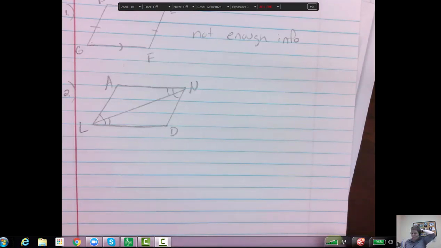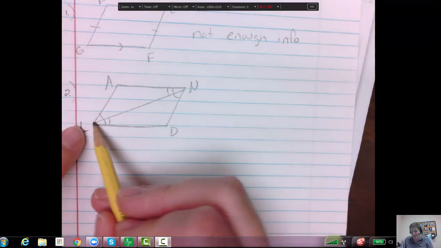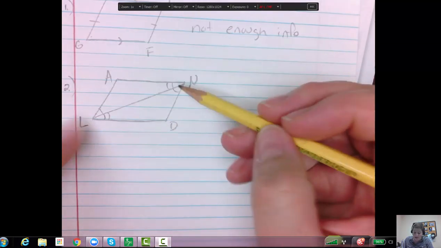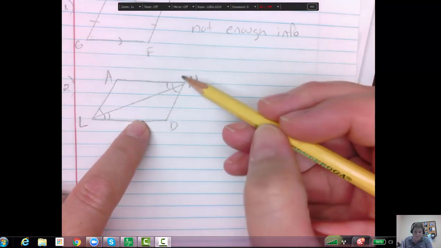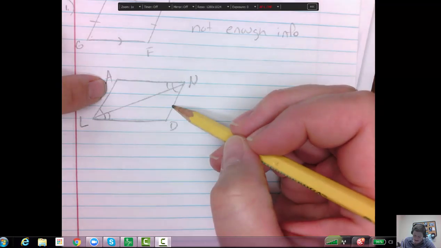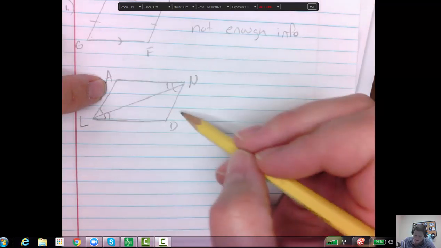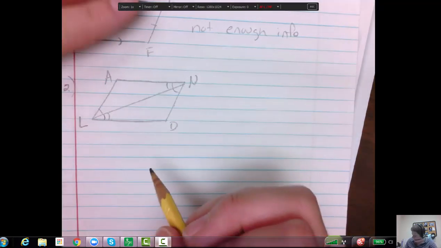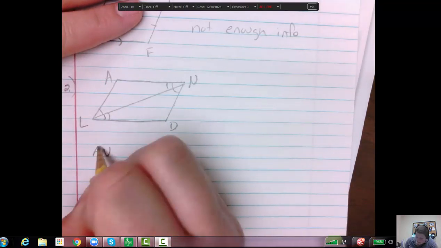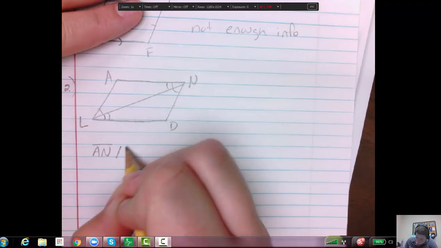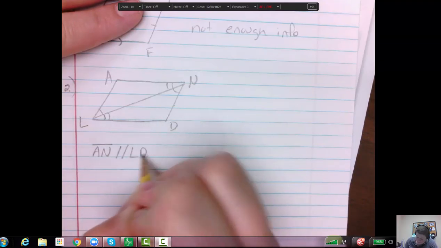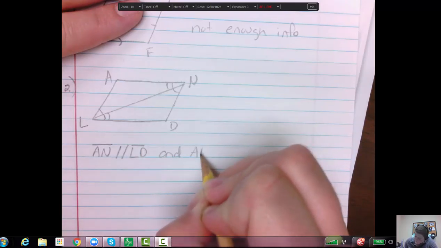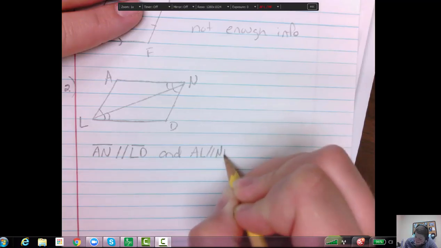What we want to notice is this is like a transversal right here. If this side is congruent to this side, then we know these two are parallel. And think of it going this way: if alternate interior angles this way are congruent, then we know these two are parallel. So we can say AN is parallel to LD, and AL is parallel to ND.